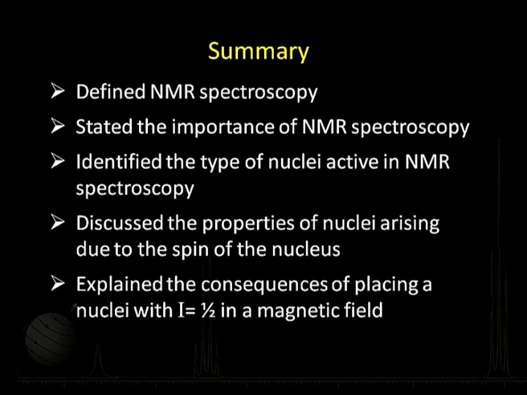But the moment I apply a magnetic field, these nuclear spins start aligning themselves. They either align with the field or against the field. The alignment with the field is of low energy, and the one against the field is of high energy. So essentially we get two energy levels, and these are of interest to us.